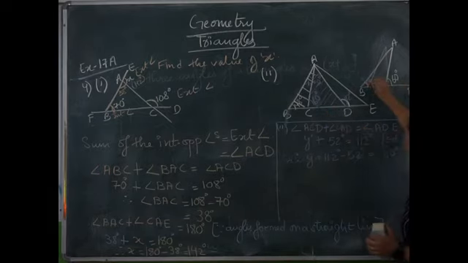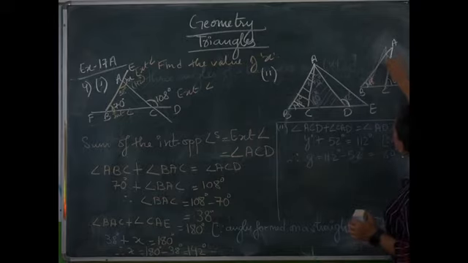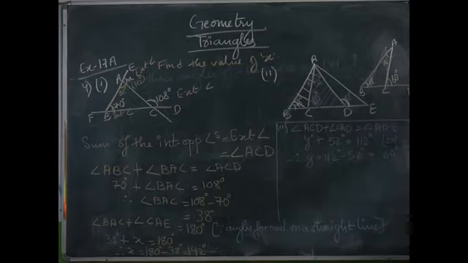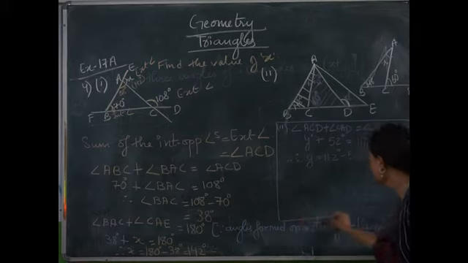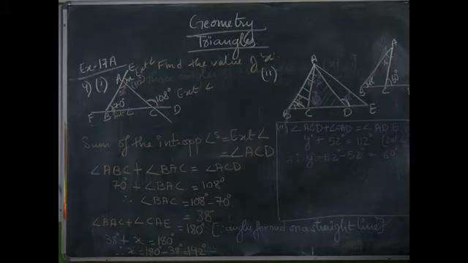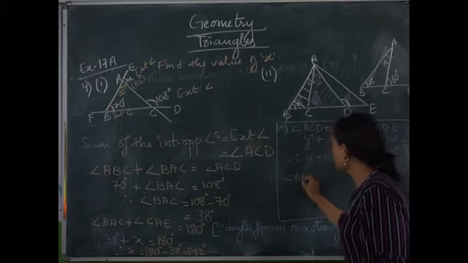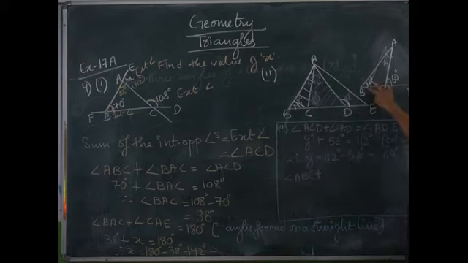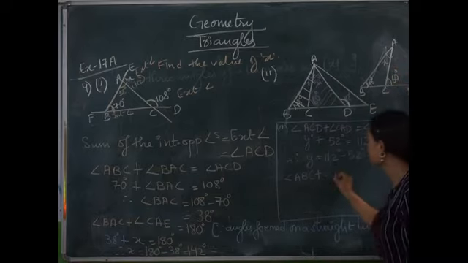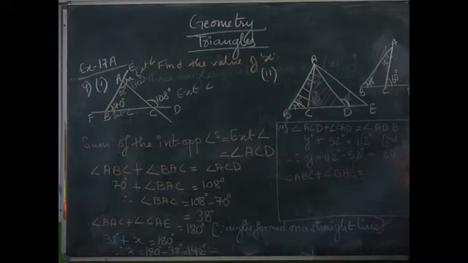This angle is given as 48 degree. This value is given as x. Again, here we'll use the concept of exterior angle, which means angle ABC, which is this angle, plus angle BAC, which is this angle, should be equal to your exterior angle, which is your ACD.